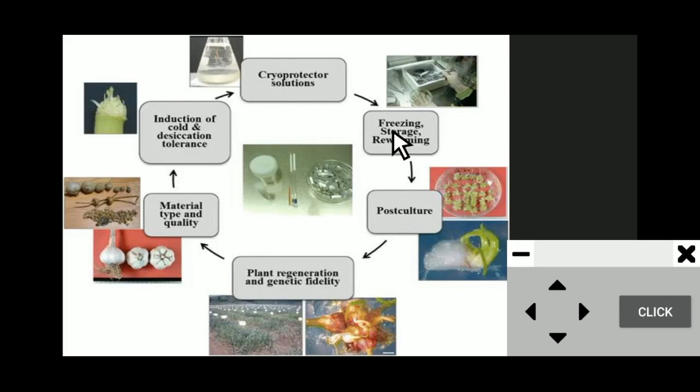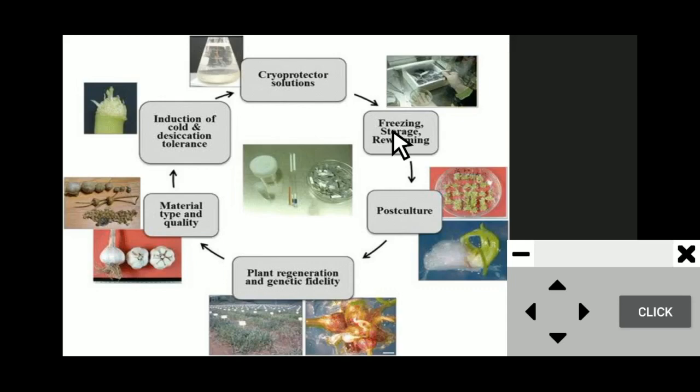and thus they can be conserved for a long time. Again, in freezing there are two methods, the rapid freezing method and the stepwise freezing method. In the rapid freezing method, they reduce the temperature from about minus 300 degrees Celsius to 1000 degrees Celsius per minute, and it is widely used for cryopreservation of shoot tips and somatic embryos.